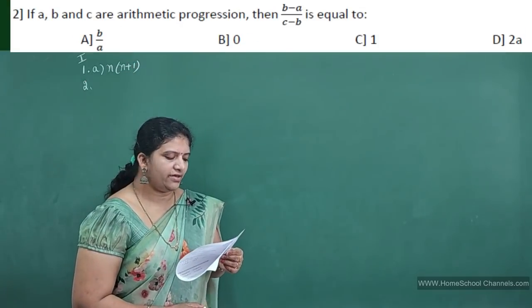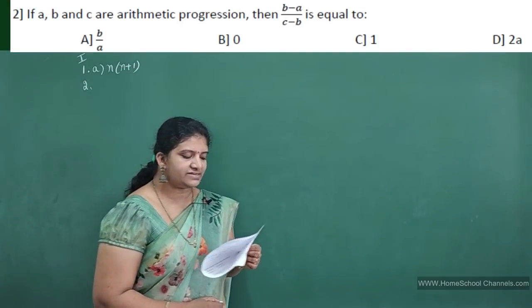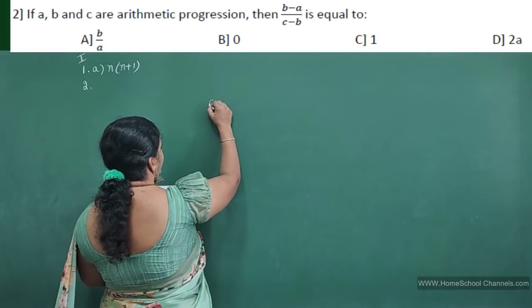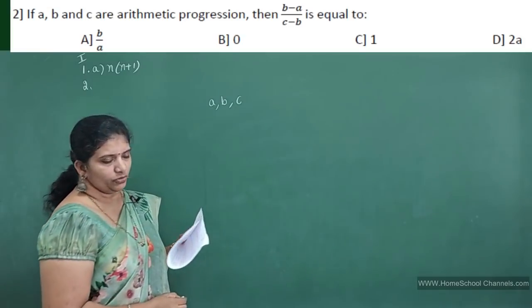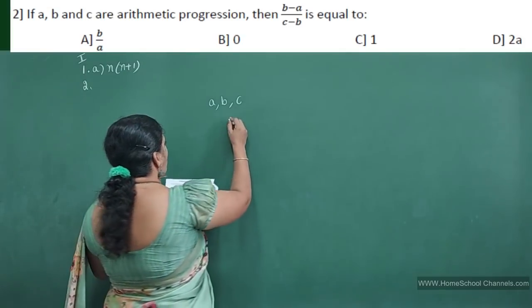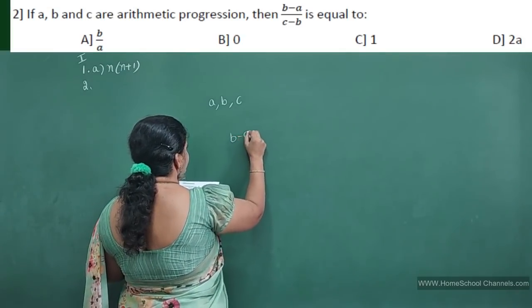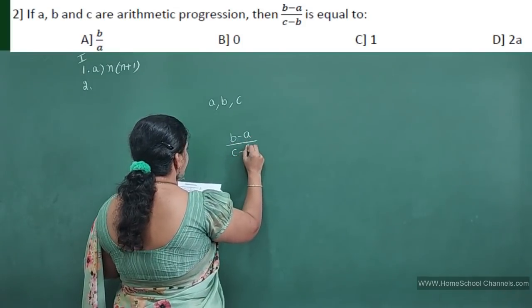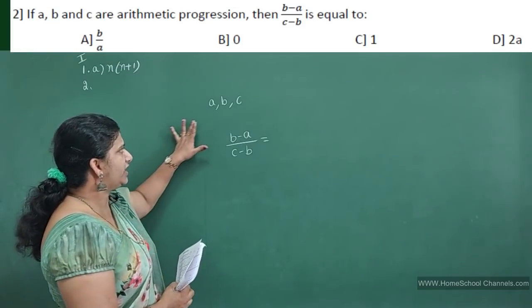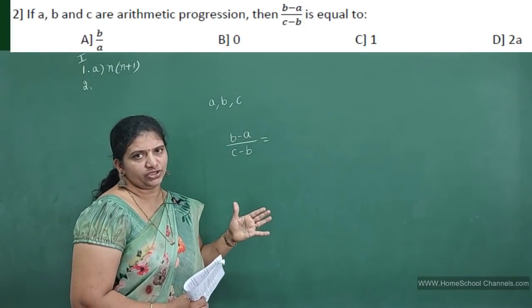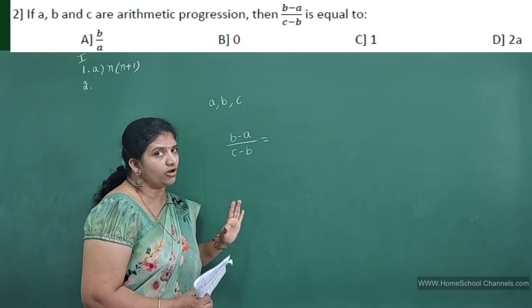Second one: if a, b and c are in arithmetic progression, then what is b minus a by c minus b equal to? Observe carefully, if these are in arithmetic progression, their common difference will be constant.